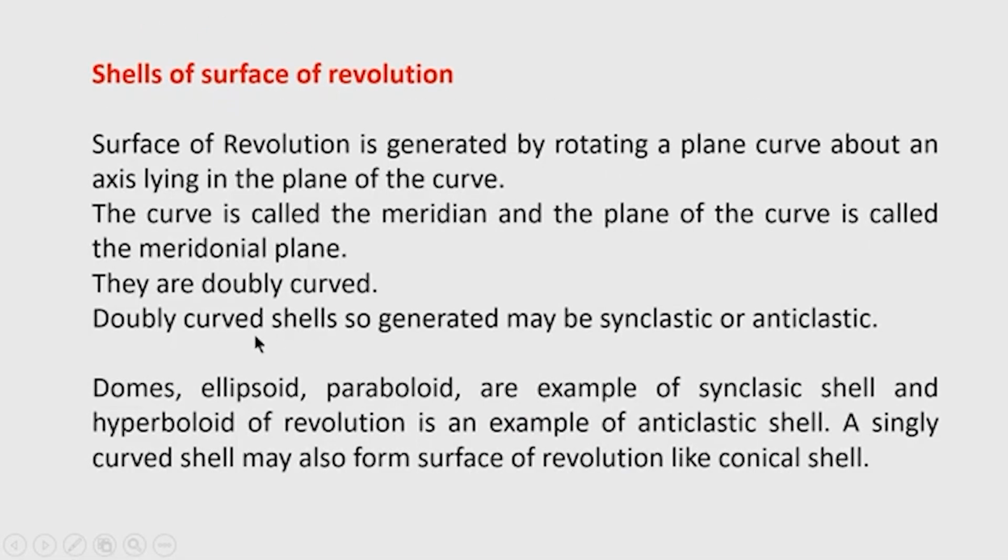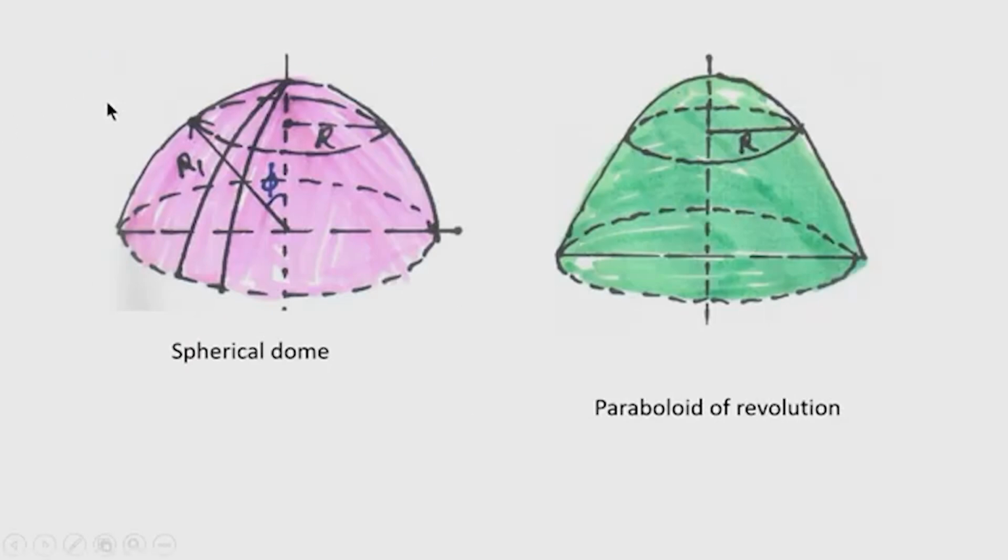Okay. Now, there is a very common type of shell which is known as shell of surface of revolution. Surface of revolution is generated by rotating a plane curve about an axis lying in the plane of the curve. So, if I see here, this is one example of surface of revolution which is a spherical dome.